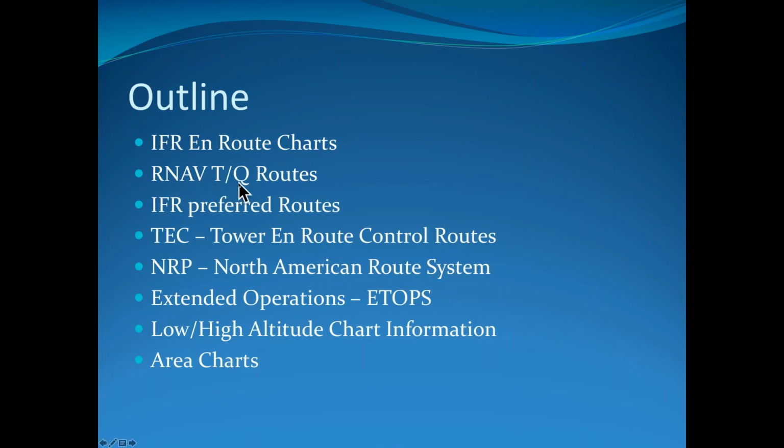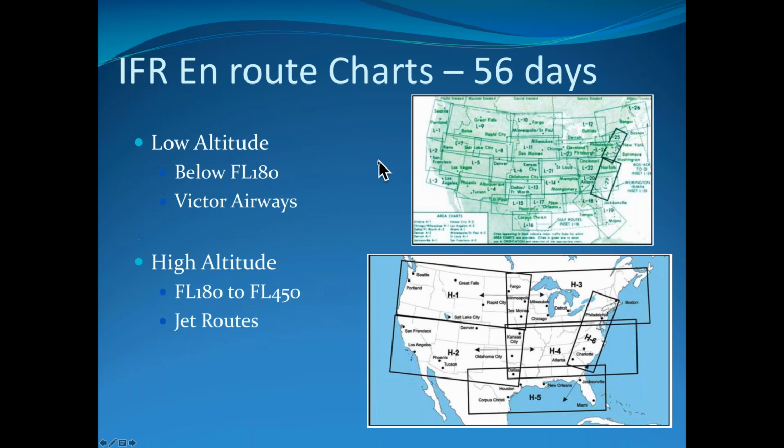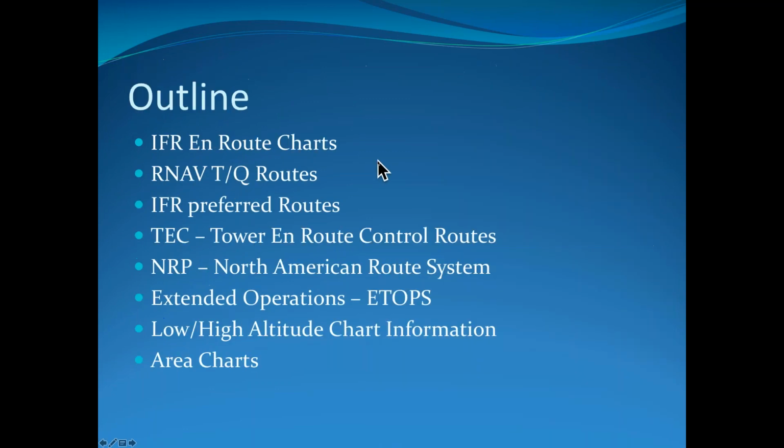We'll talk about the T and the Q routes, and then also IFR preferred routes. We'll talk about these tower en route control routes, and then the North American route system, extended operations, or ETOPS. We'll just briefly talk about that.